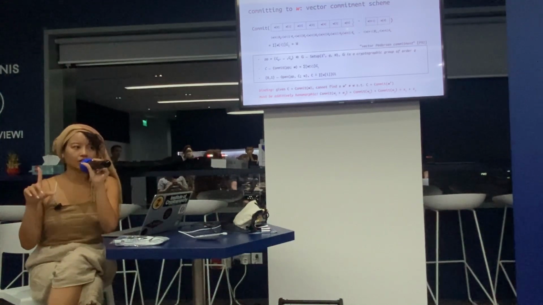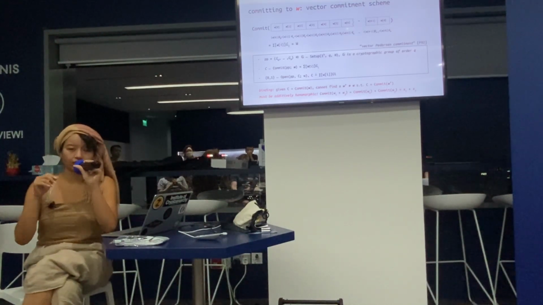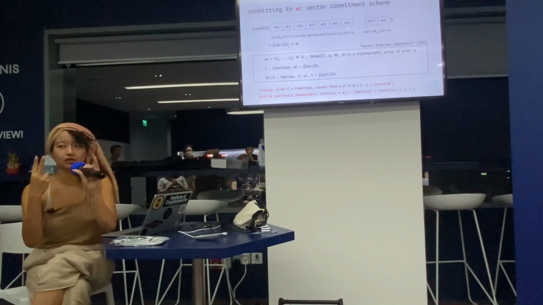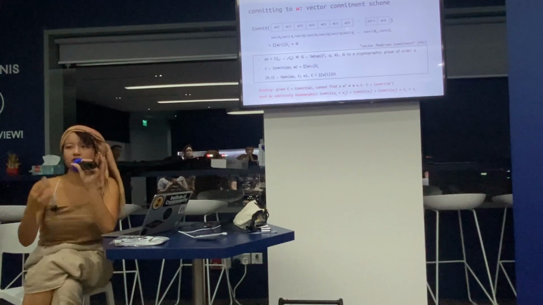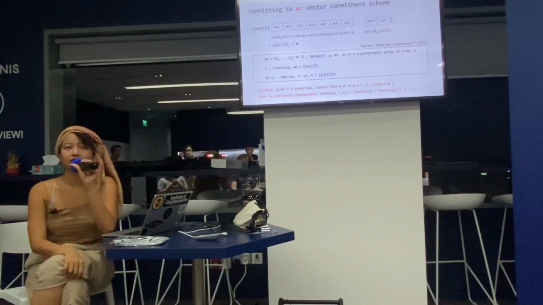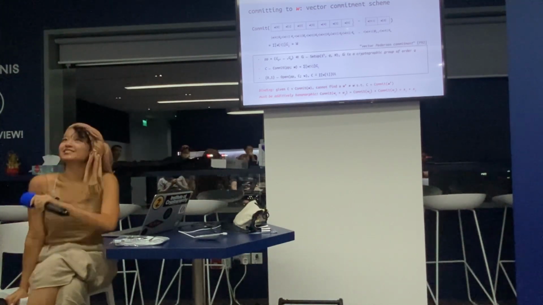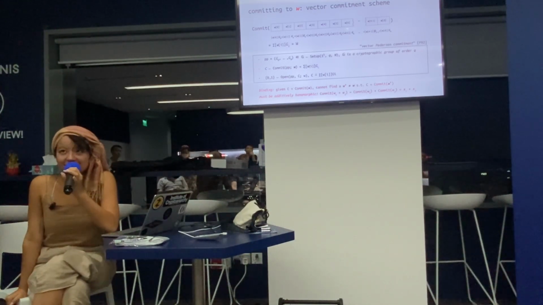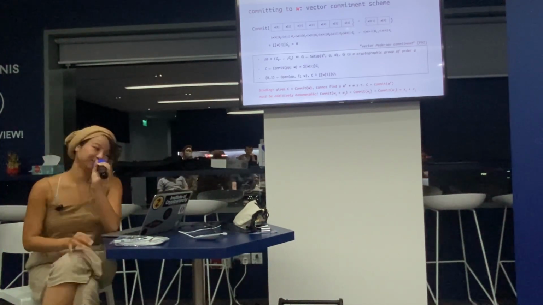And a commitment is a group element which consists of the X and Y coordinates, two field elements. So you have 256 bits and 256 bits. 256 bits is 32 bytes, so 64 bytes.